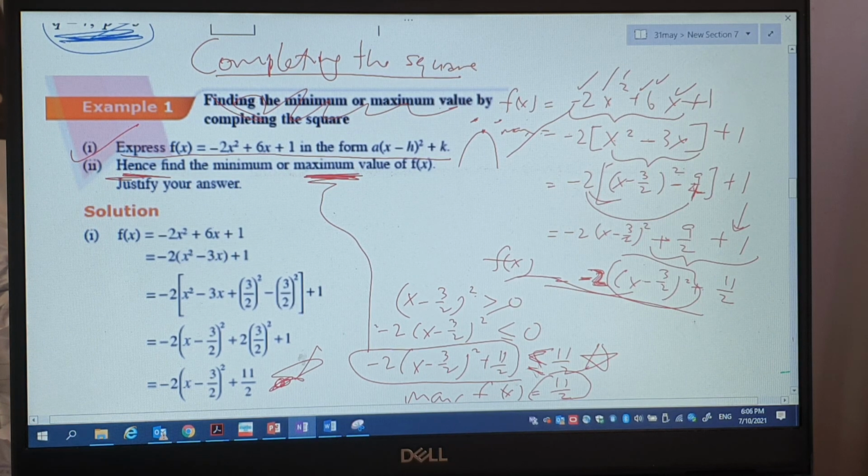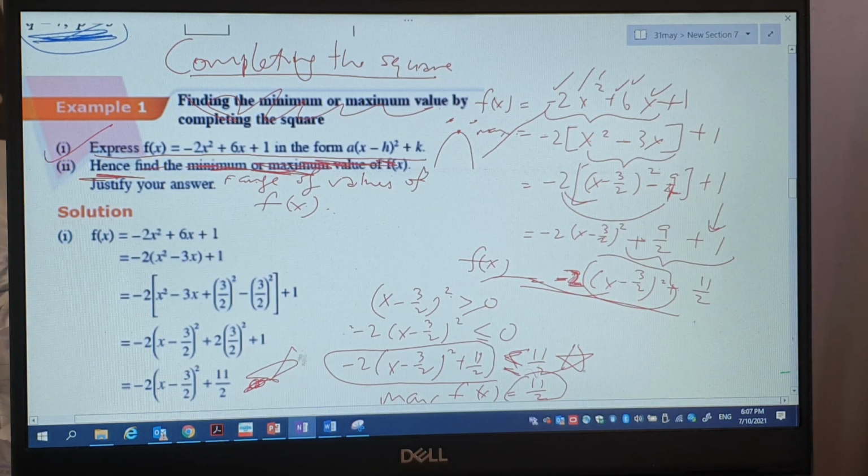When do you leave your answer like this? Okay, I give you another question now. If they say hence, find the, if they didn't say this, if they say find the range of values of fx, or they say find the range of values that fx can be, okay, or they say find the range of values of fx, then your answer will be fx is less than or equal to 11 over 2.